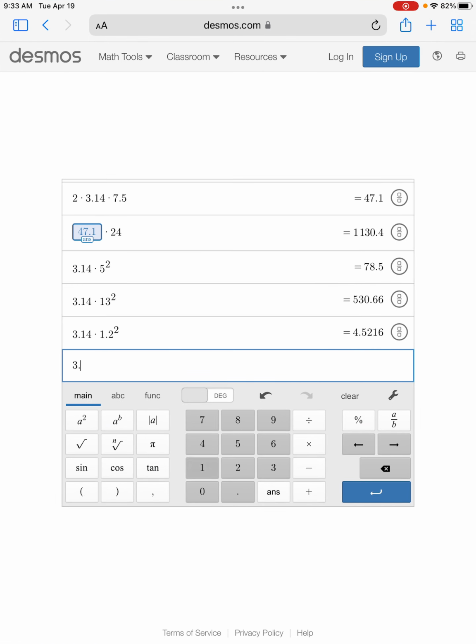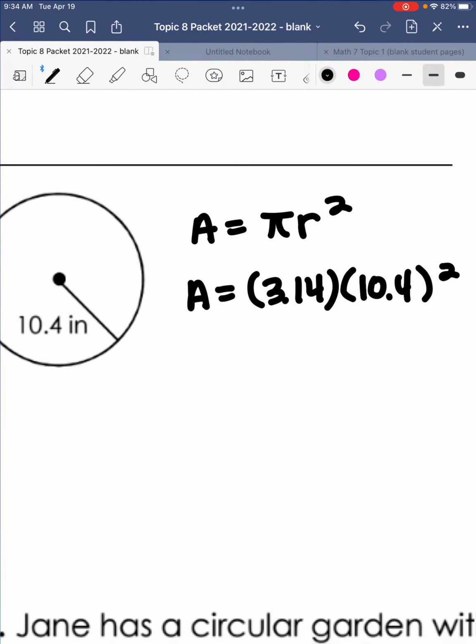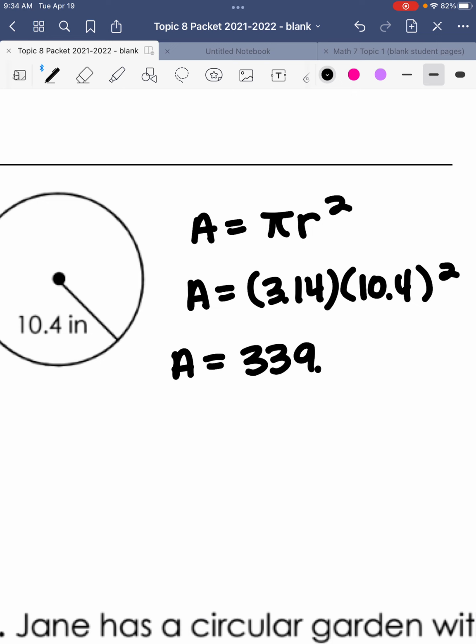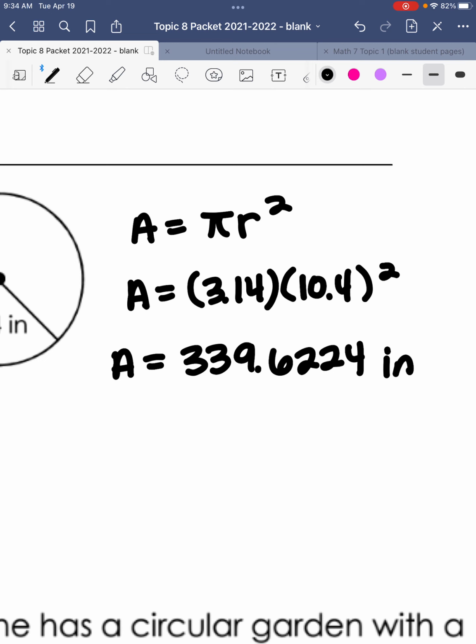So 3.14 times 10.4 squared, and I get 339.6224. So area equals 339.6224 inches squared.